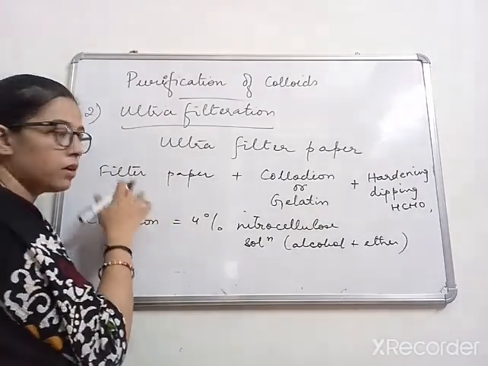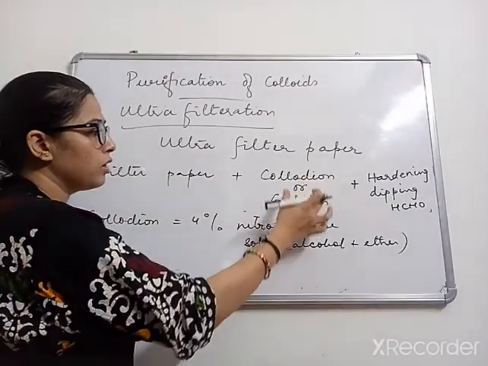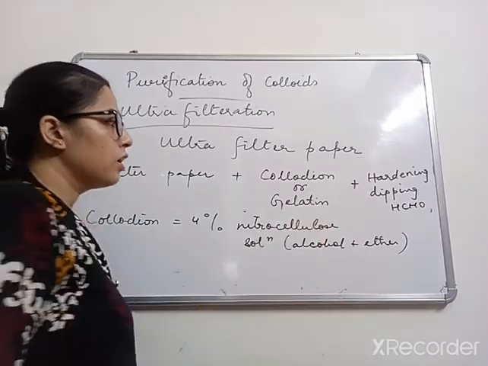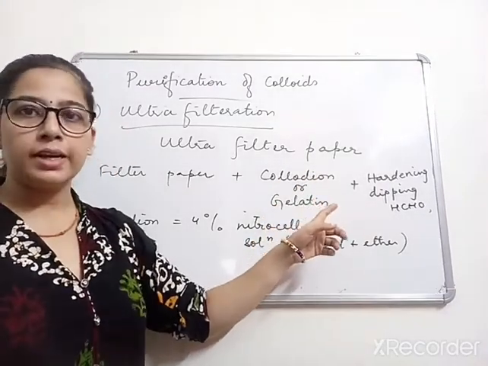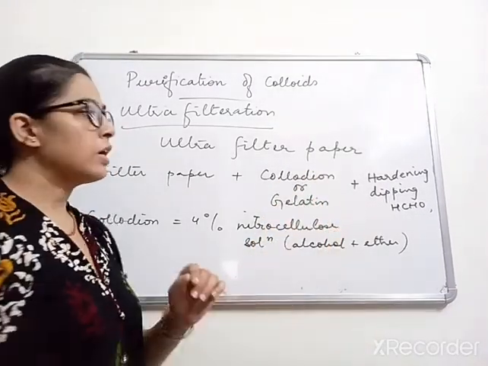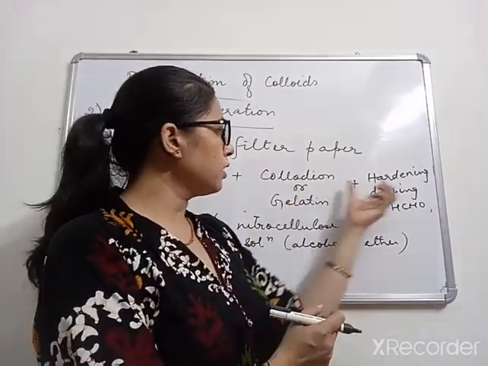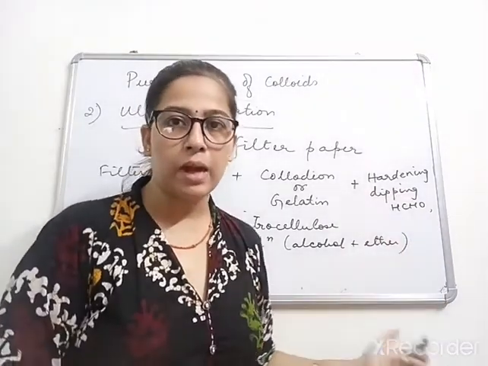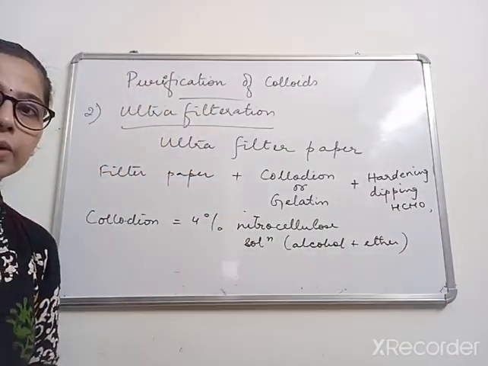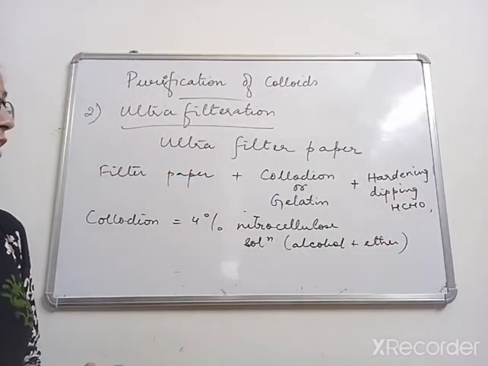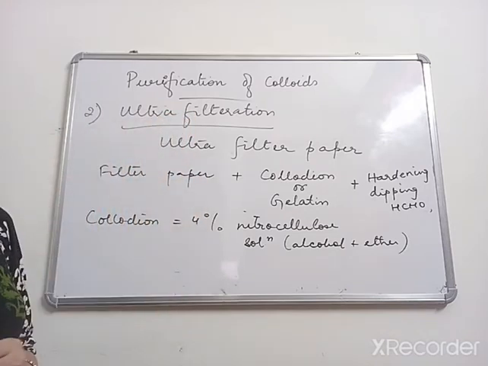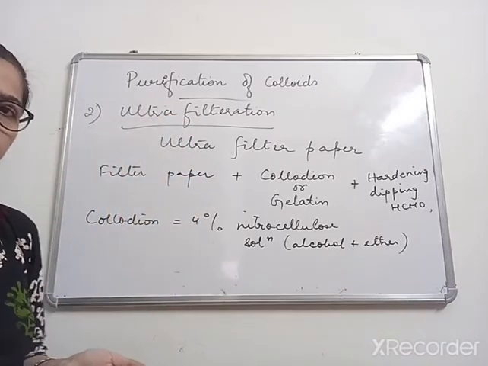Normal filter paper we coat it with collodion or gelatin. ठीक है, collodion solution अप्लाई करेंगे या फिर gelatin डालेंगे और उसके pore size को block करेंगे, and then we will harden the filter paper by dipping it in formaldehyde, and then the filter paper that you get is called ultra filter paper, which is used to separate or remove the impurities from the colloidal solution.